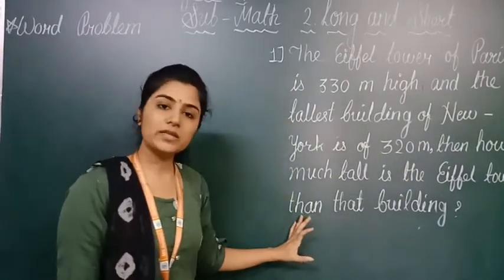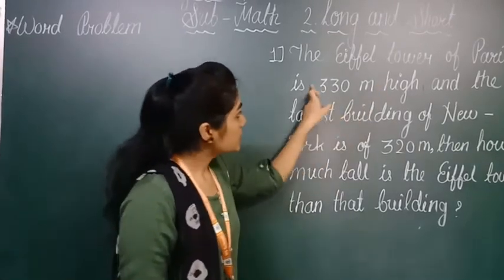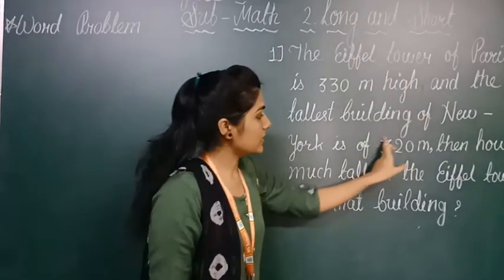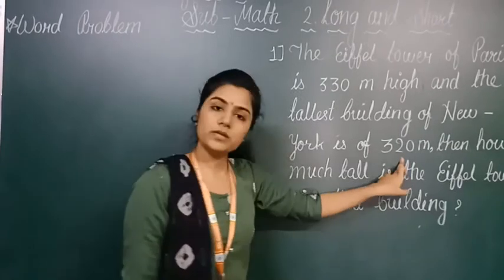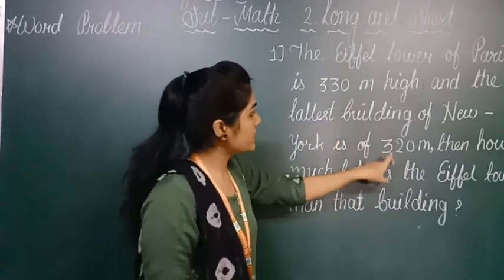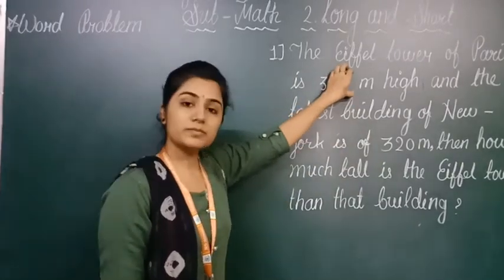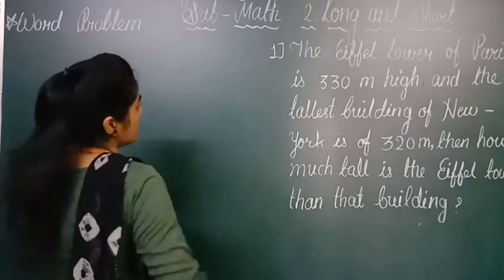So we have to find the difference between them, right? Now you can justify which is big. 330 is bigger than 320 meter. So here I am writing the answer.